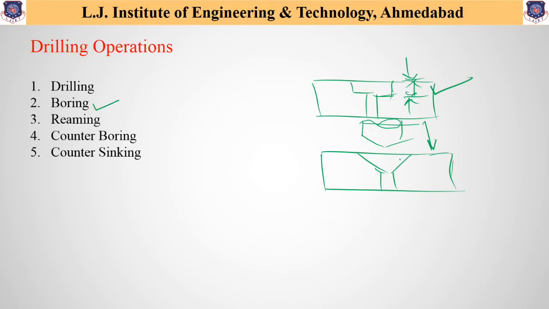The process of obtaining an enlarged conical section up to a certain depth in the workpiece is called the counter sinking operation.